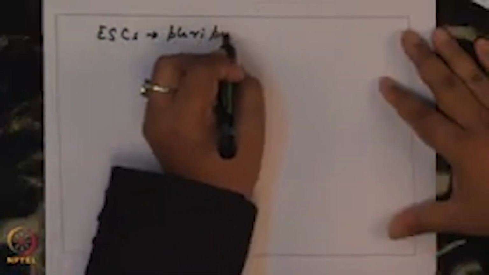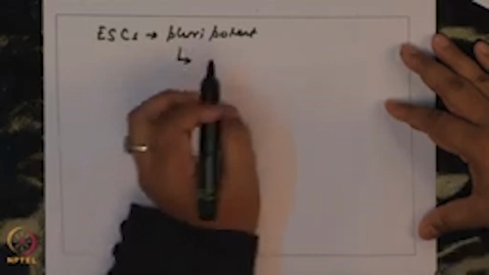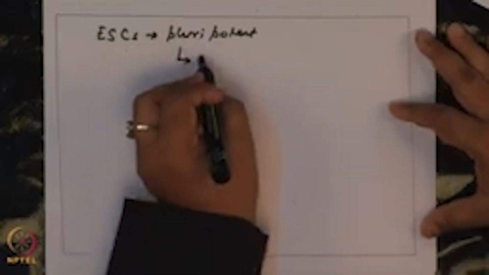So, if you compare ES cells with adult stem cells, ESCs are called pluripotent. They are called pluripotent because they have the potential to differentiate into any of the 3 germ layers.